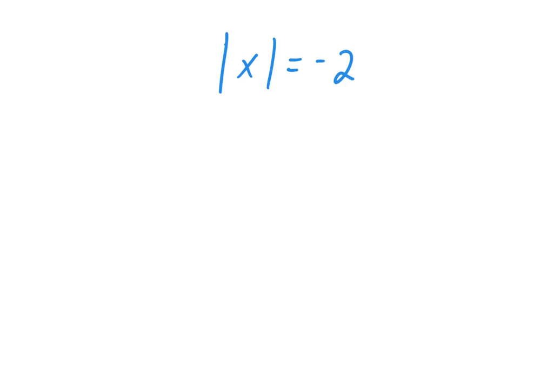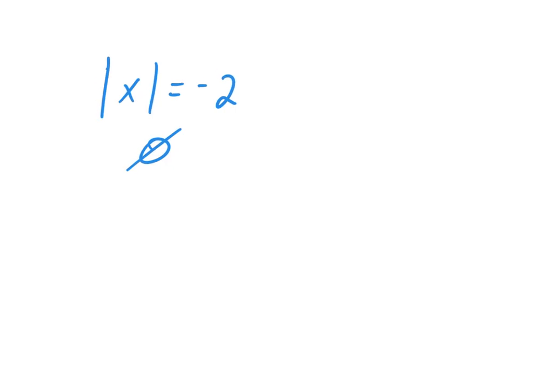What's it always do to that number? Makes it positive, right? So no matter what number I put in here, like even if I put in 2, what would the absolute value of 2 be? 2, right? What happens if I put a -2 in here? It'd be 2, right? So there is no number that I can put into here that's going to make this equal a -2. So immediately, this is a no solution.